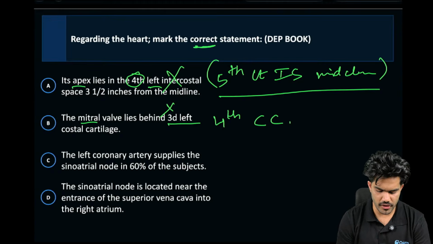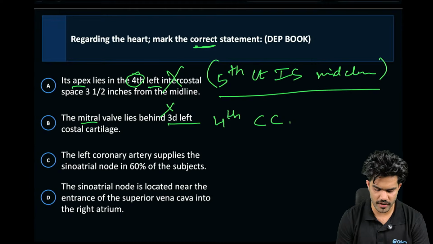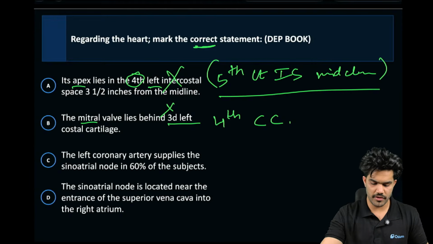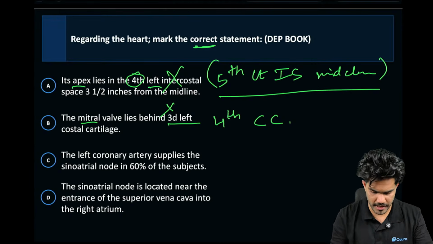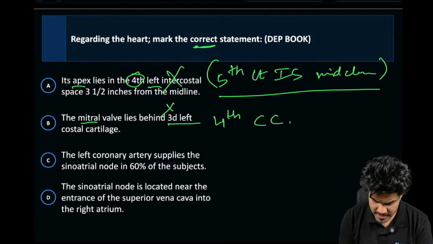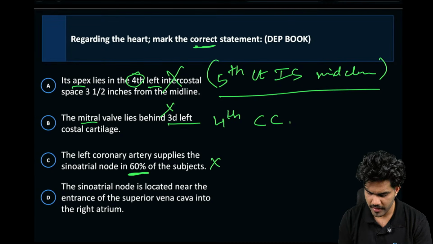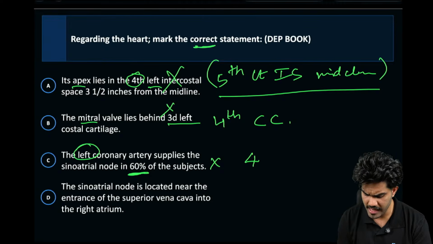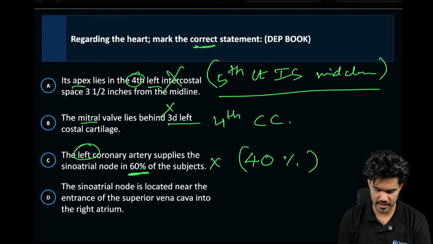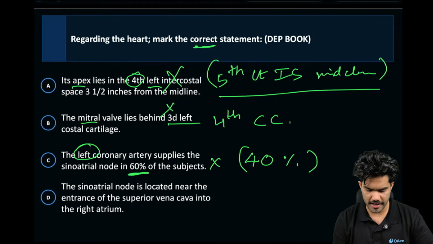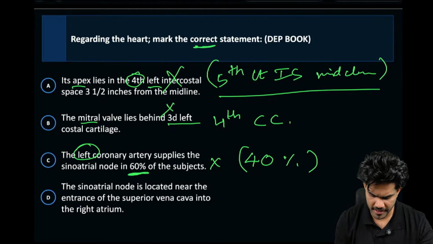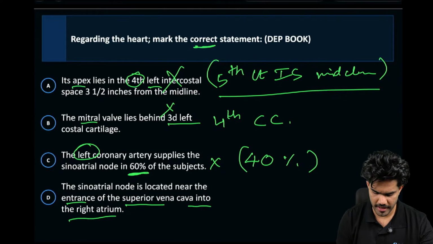The left coronary artery supplies the sinoatrial node. How much? 60%. No. Left will supply only 40%. Remember, the sinoatrial node is located near the entrance of superior vena cava into right atrium. See, D will be the answer.